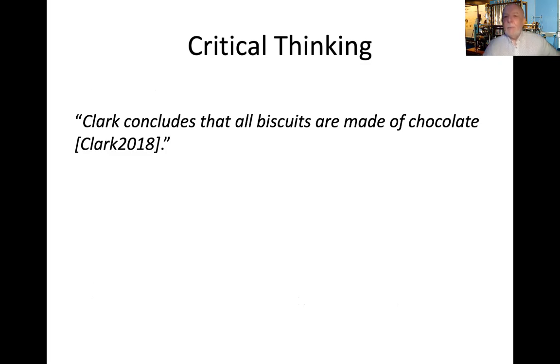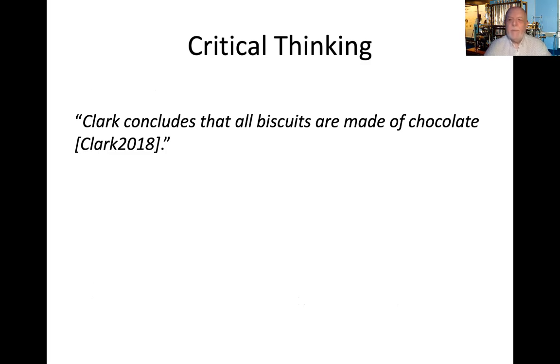Here's an example, nothing to do with robotics. In a paper by some random anonymous person called Clark, Clark concludes that all biscuits are made of chocolate. And there's the reference to the paper. So it concludes that all biscuits are made of chocolate.